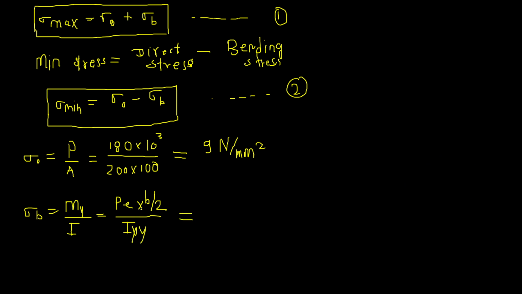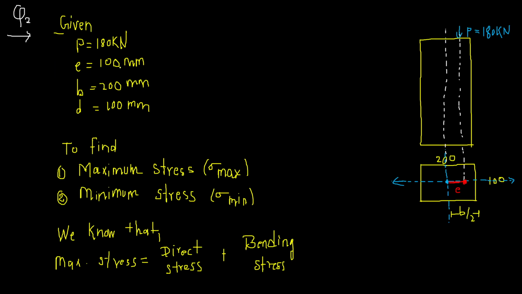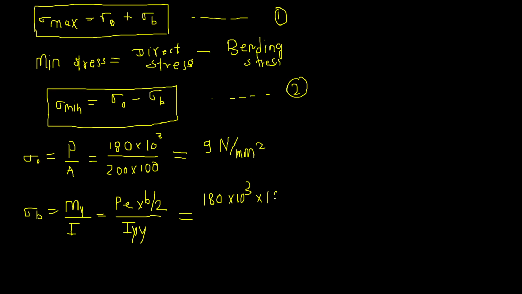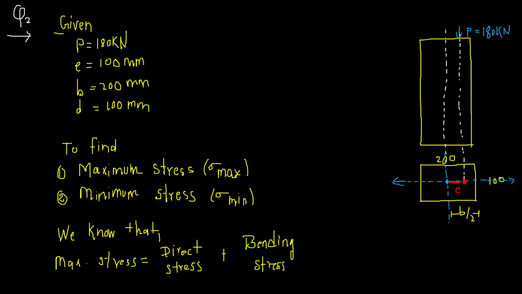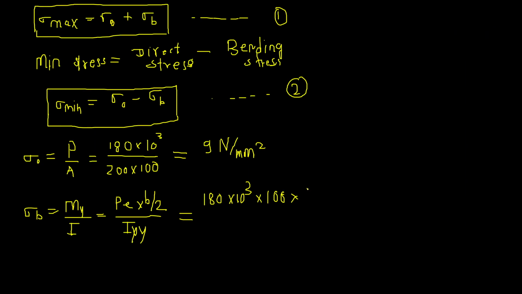Okay, substituting the values, P is 180 into 10 to the power 3. Eccentricity E is 100 mm, so 100. The value of b is 200 divided by 2, divided by Iyy.